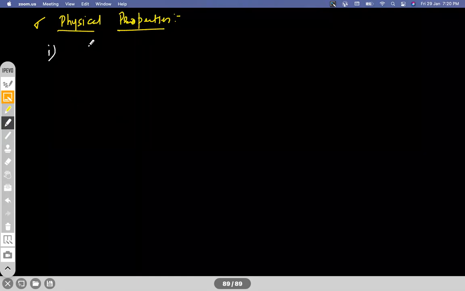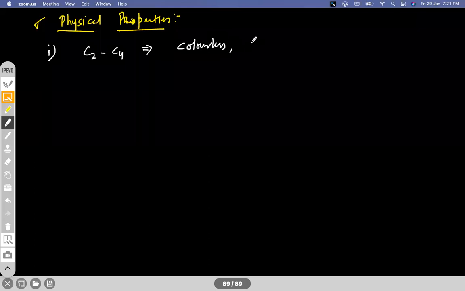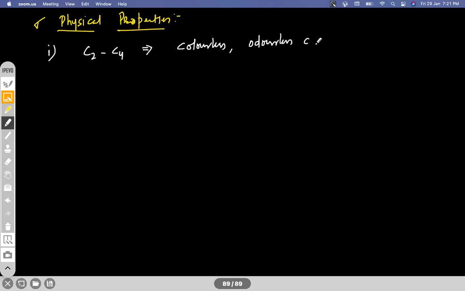First one, the physical state. C2 to C4 carbon atoms, means the molecule in which 2 to 4 carbon atoms are present. It is colorless, odorless gas. Physical state is this.